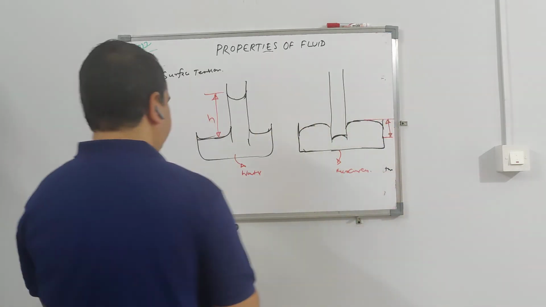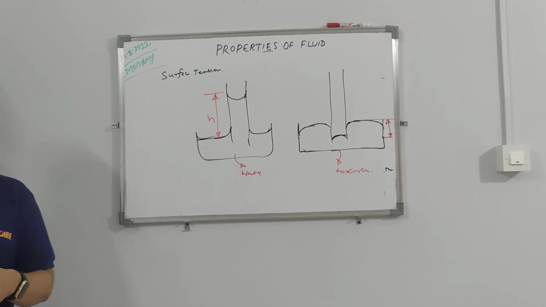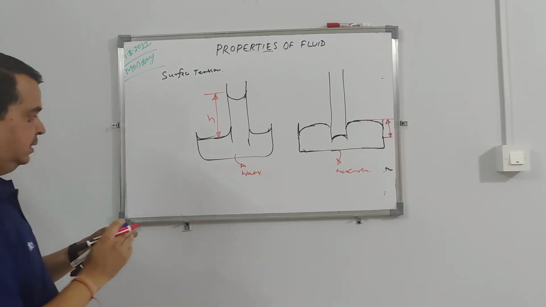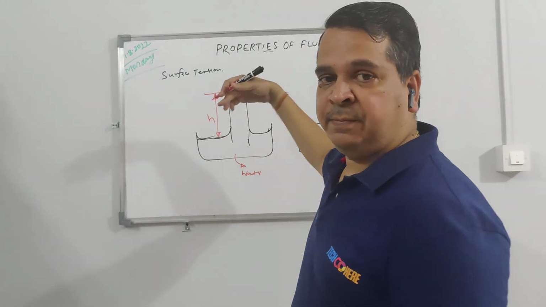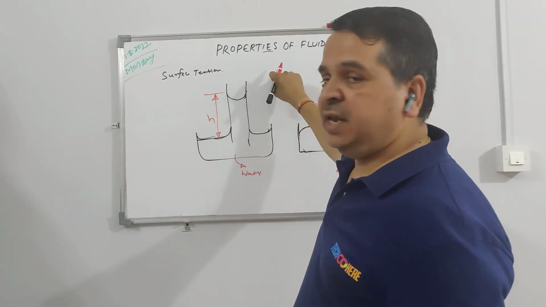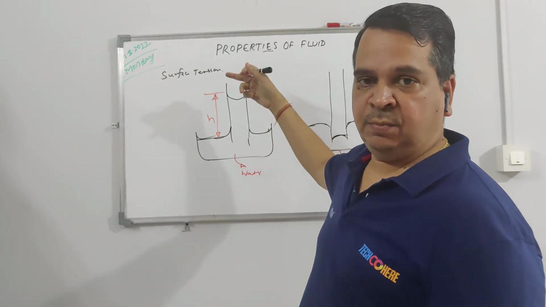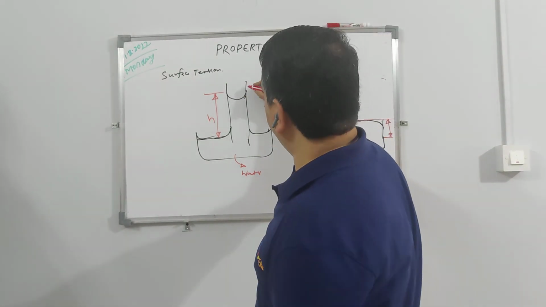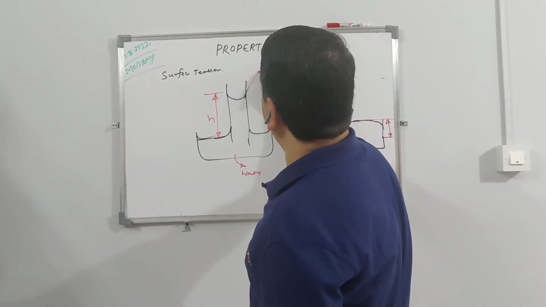So how do I derive the formula for capillary rise? It is like this. Because you have surface tension acting, the adhesive force here is more than the cohesive force, because this is water. So you have a surface tensile force T acting like this.